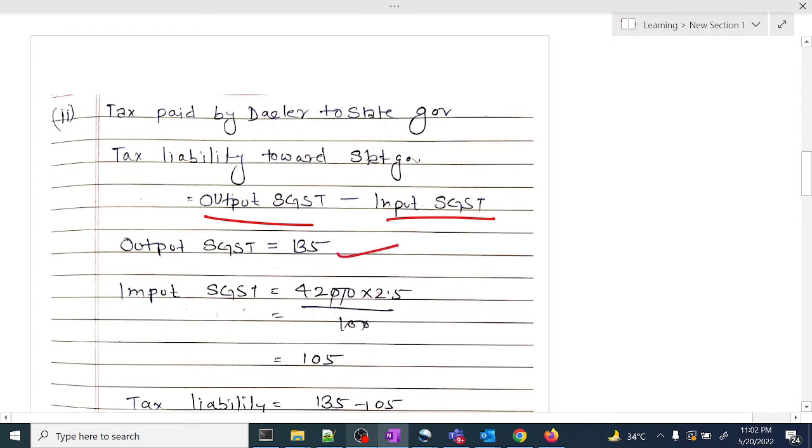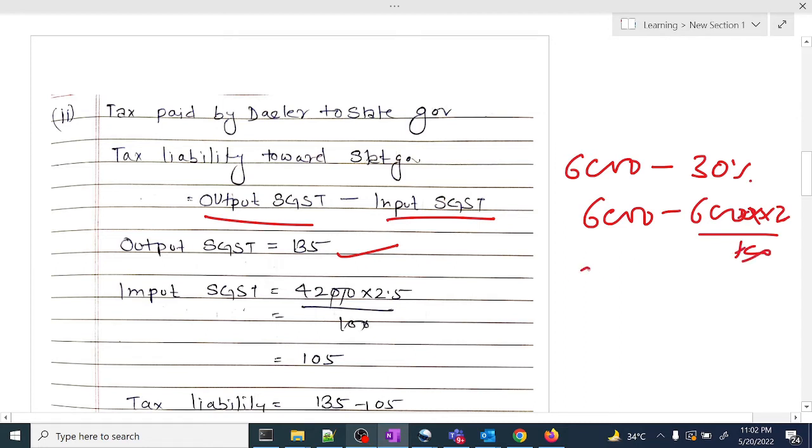Input is what he paid when buying from the wholesaler. 6,000 was the mark price. He was getting it at a discount of 30%, right? So 6,000 minus 30%, which is 1,800 rupees, gives 4,200. Actually, he is buying the article for 4,200, which is a lesser price. So on that the GST is 105.